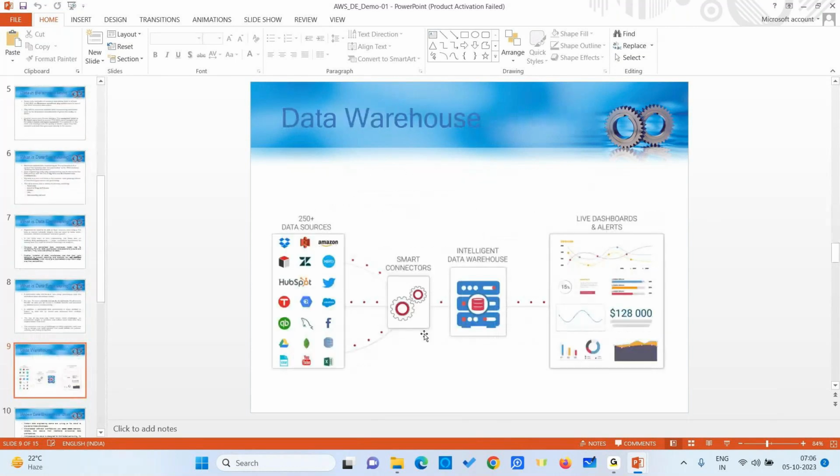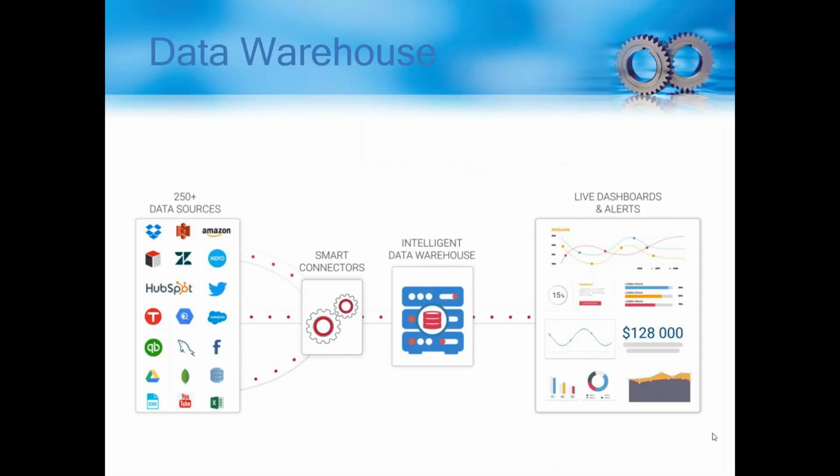Okay, and this is the process of an intelligent data warehouse. These are different data sources in the form of textual data, video data, image data, and document data. Different formats of data coming from different data sources.